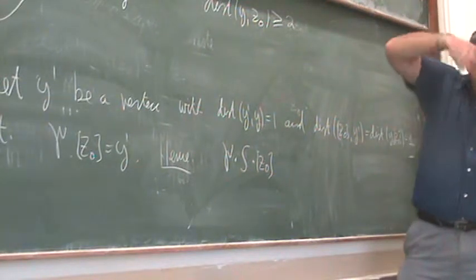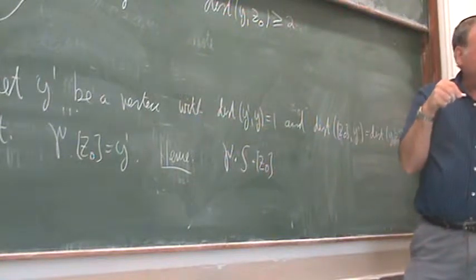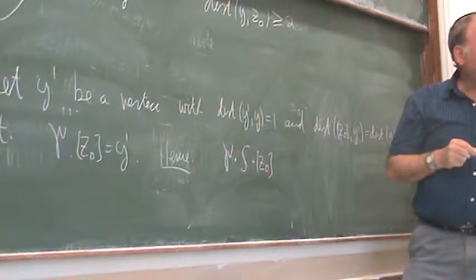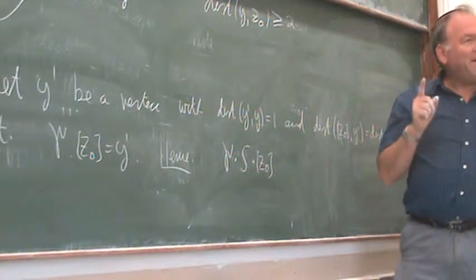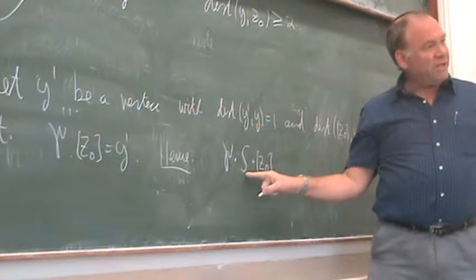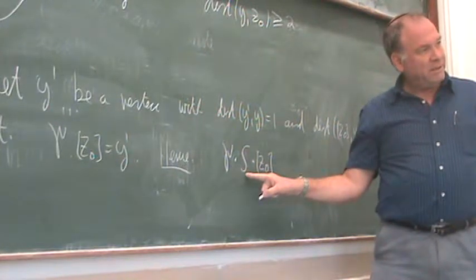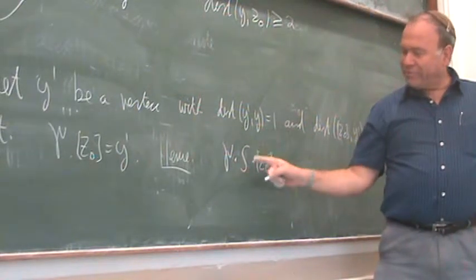It gives exactly the star around z naught. Be careful, I really have to take z naught and apply S on it.